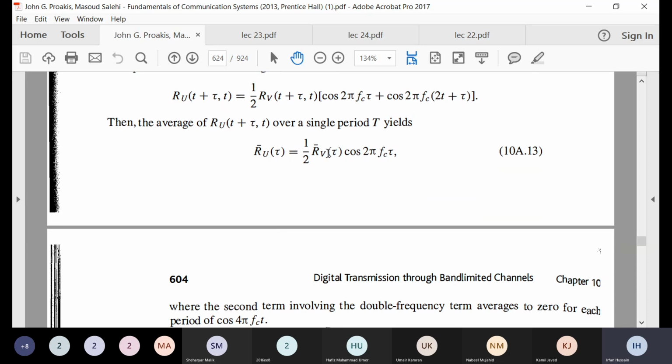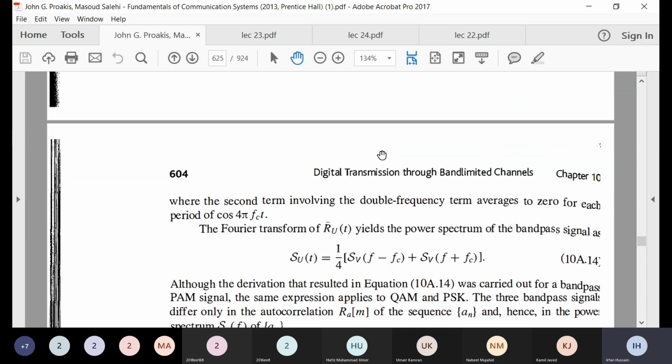You have m(t) times cos, so it shifts the m(t) baseband to plus fc and minus fc. It will shift the R_V to f minus fc. I think the proper representation should have been S_V dash and S_V dash, because we are taking the Fourier transform of R dash, or of the average. But if you want to write it like this, there is no problem.